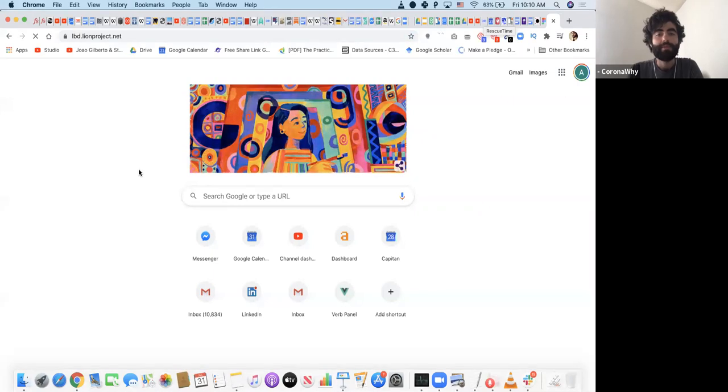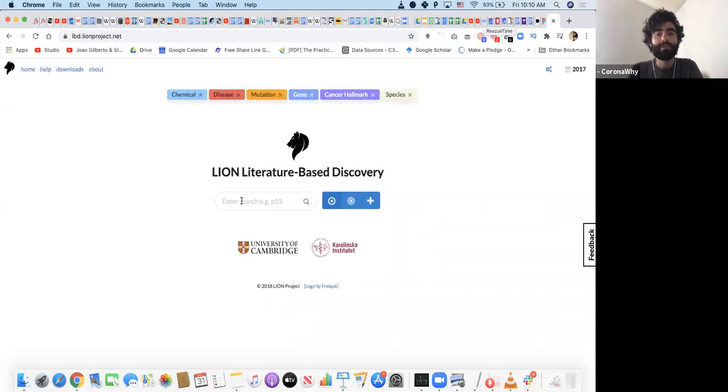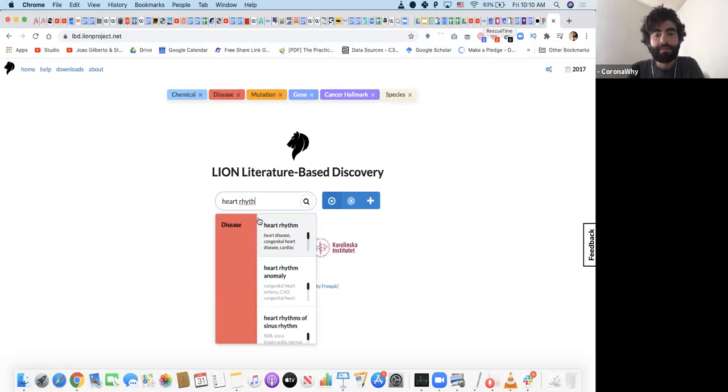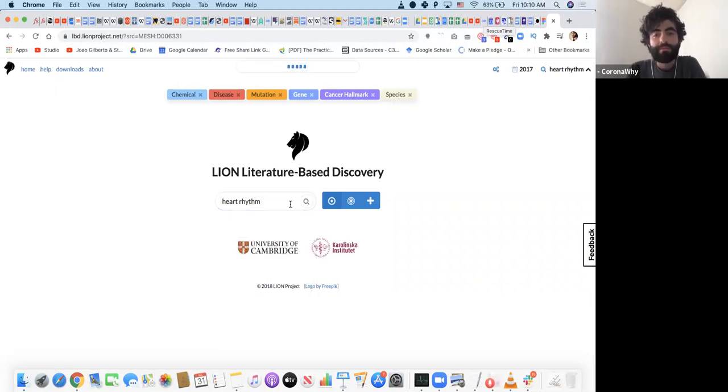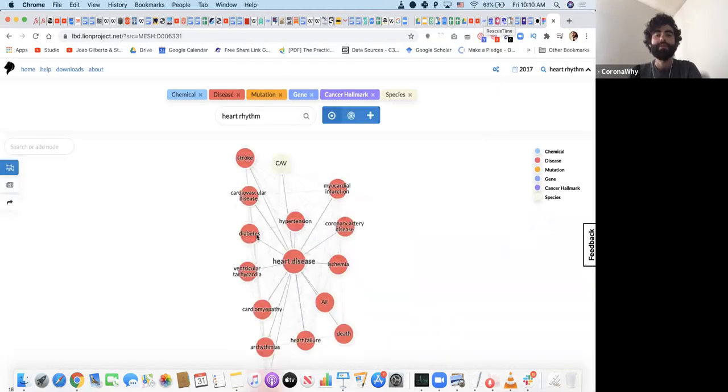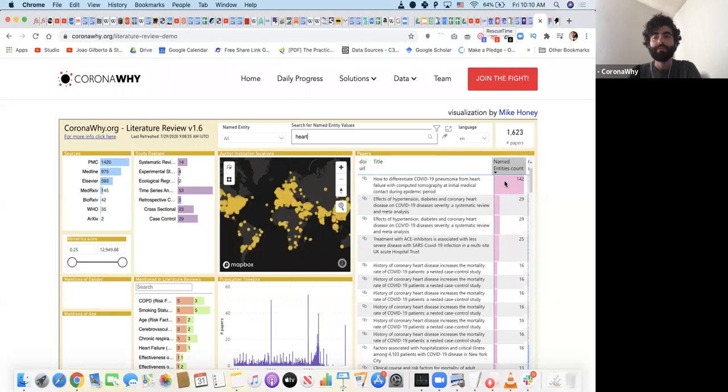Let's see what it shows for heart rhythm. Yeah, see. We can reuse the same dictionaries and explore the same graph of relationships, because this gives us all the interconnectivity of similar things. And what we can do in our literature review tool is actually, oh, it works.